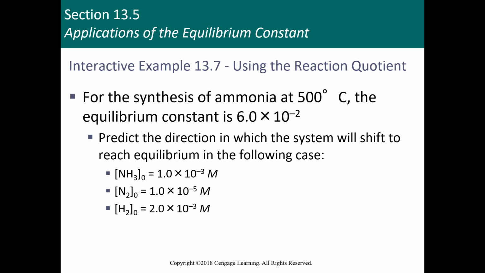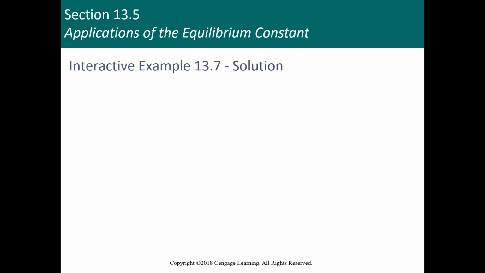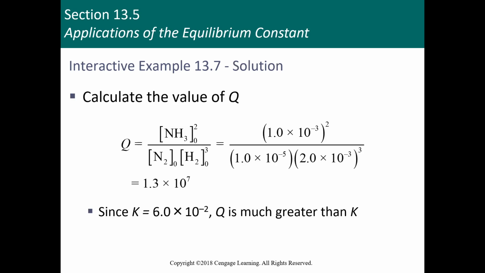So what we're going to end up doing here is a reaction quotient. This is going to be just like doing an equilibrium constant with an equilibrium expression, but with a reaction quotient, we can plug in these values right here, which are our initial concentrations. So let's get to it.